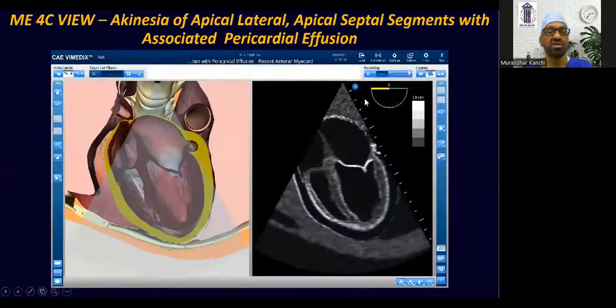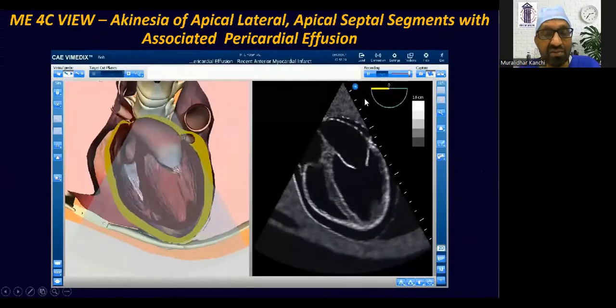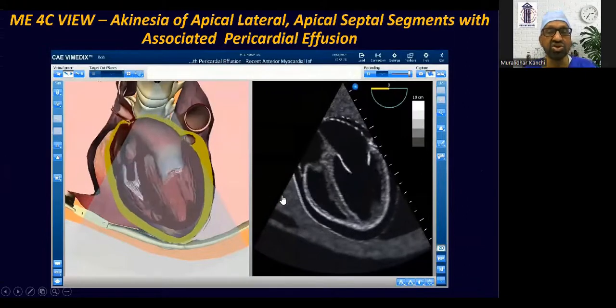This model shows a virtual reconstruction of the heart as seen by transoesophageal echocardiography, with 4-chamber views being shown. There is akinesia of the apical, lateral, and septal segments with associated pleural effusion.